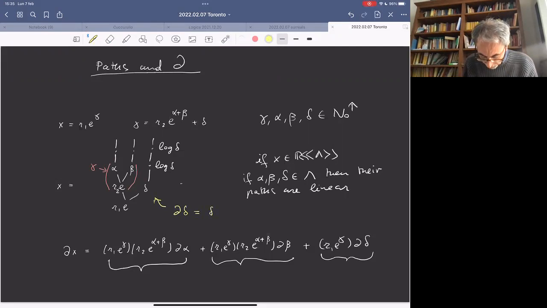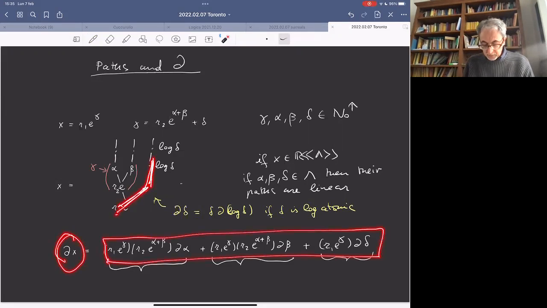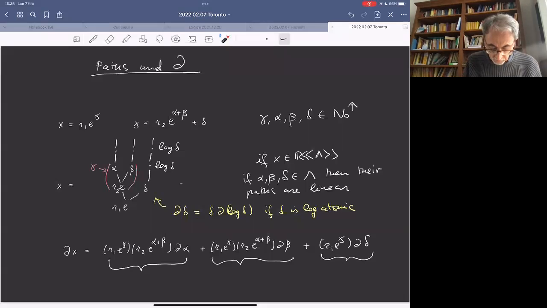So this is going to be delta itself times the log derivative of the log. So it means that if you stop here, if you consider this path or this path, the expression for the derivative of x remains the same. So you will see here that the derivative of x is a sum of contributions, each coming from a different path.